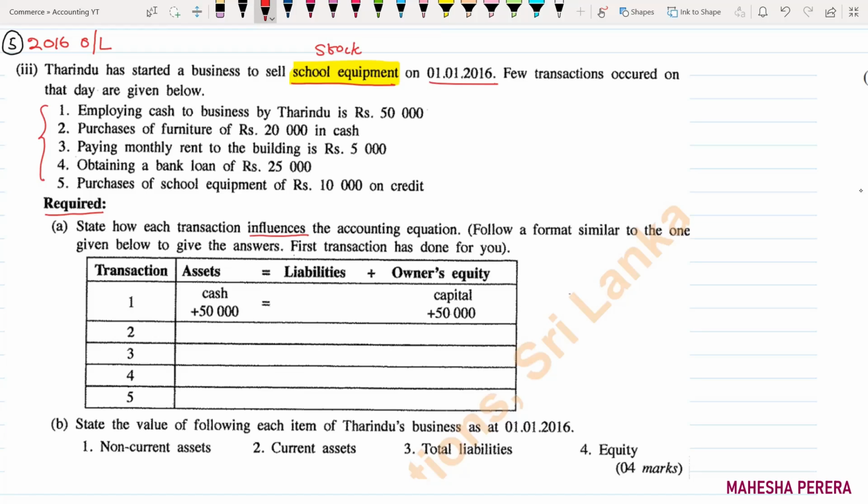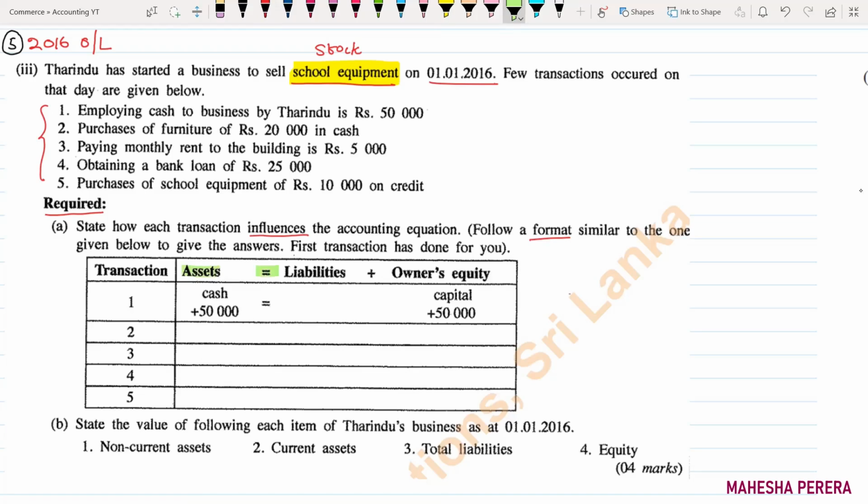Follow a format similar to the one given below to give the answers. Okay, now when you're given a format, right, you need to follow that format. You cannot change that format. So remember it. Now, for example, if you take this format, see the way they have written the accounting equation.